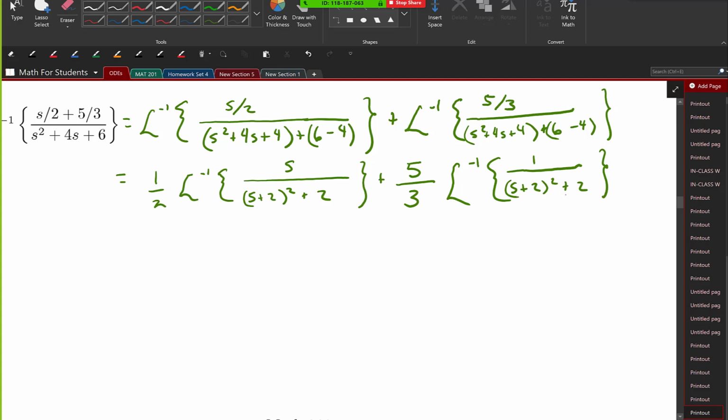And then, like what we saw before with Gilbert's question, I notice that this second piece is going to come back as a sine again. Here a squared is 2, so that makes a the square root of 2. So I want to get a square root of 2 right there. I put a square root of 2 there, and then I need to compensate by dividing by a square root of 2 outside.